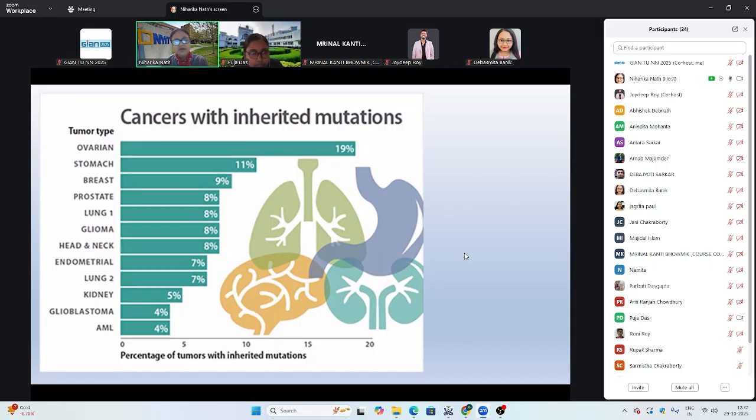It's not possible for everyone to know every mutation that's here, but in general you have an idea. Ovarian cancers come with this inheritable mutation, and that's about 19%. Stomach, there are some genes, and colon and rectal, there are some genes that run in the family.